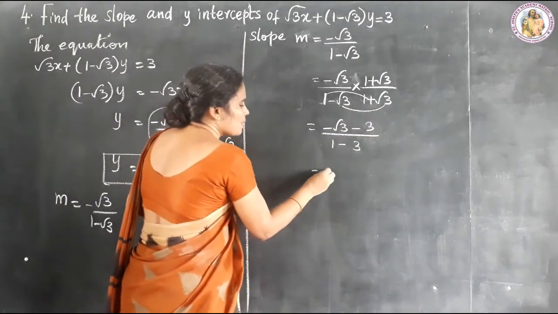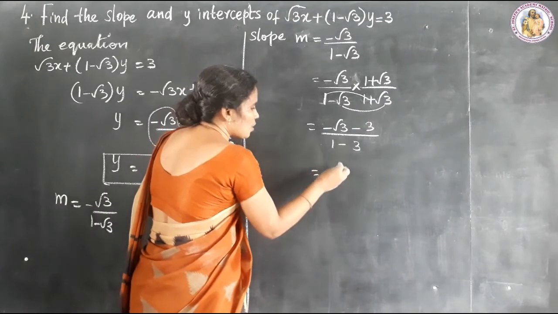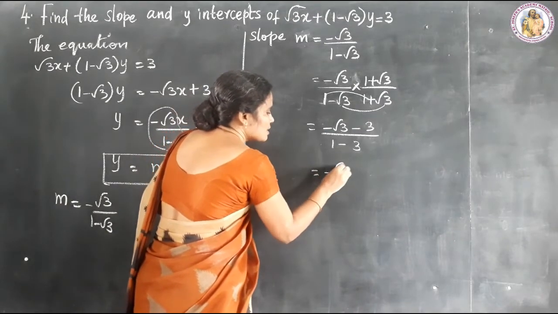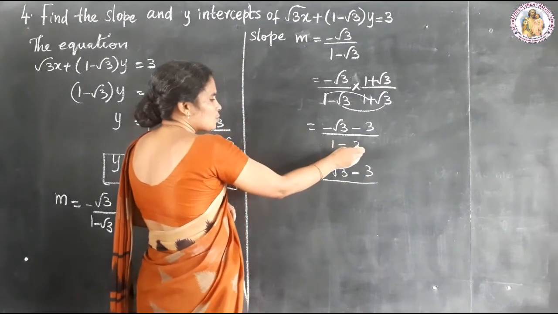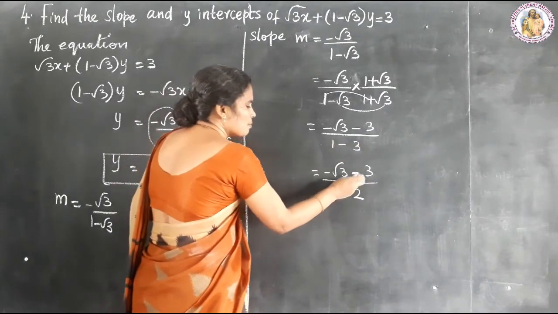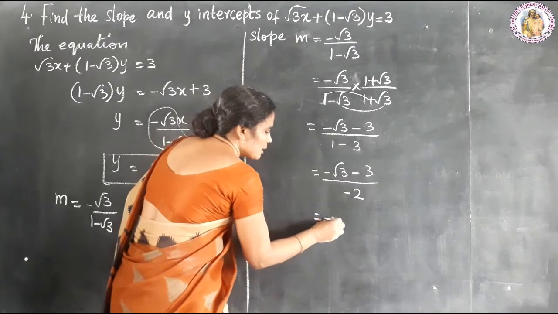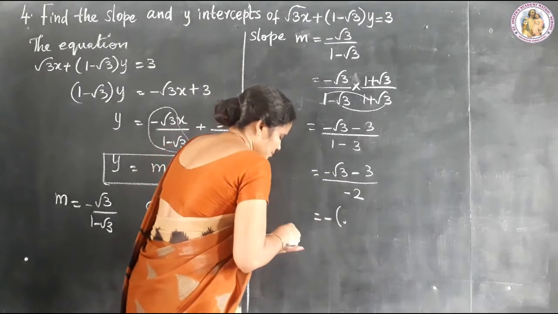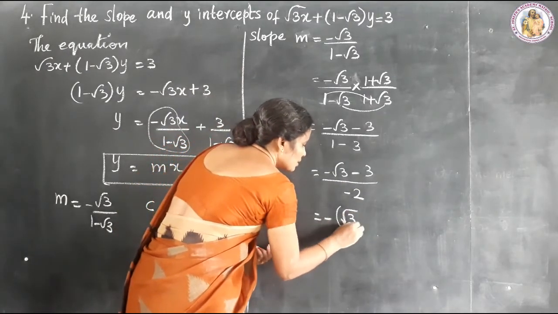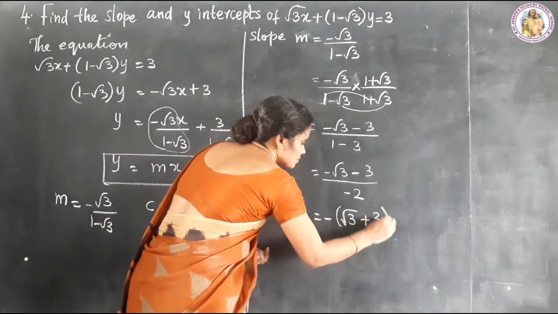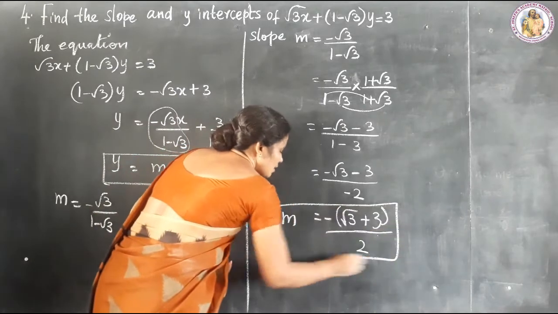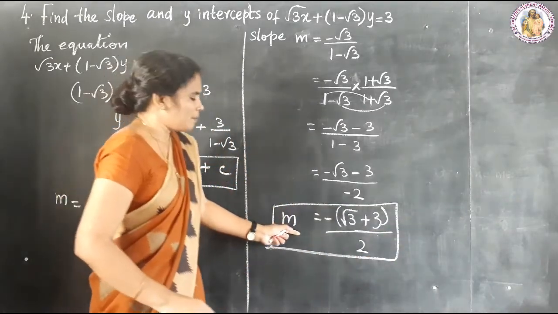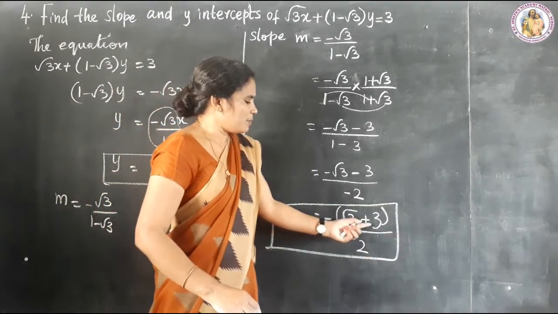In the next step, minus root 3 is common: minus root 3 times 1 plus root 3, over minus 2. Minus is common, so it equals minus root 3 plus 3 by 2. Therefore the slope m is equal to minus root 3 plus 3 by 2.